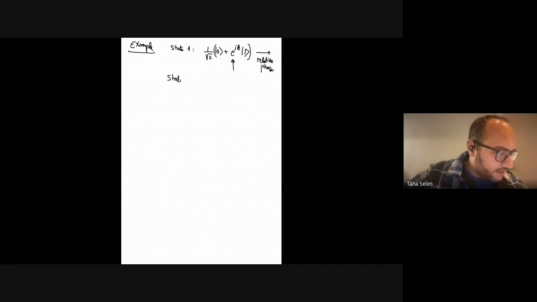If I have this specific state, and then now I have 1 over root 2 e to the power i theta, then I have 0 here, 1 here. This is now called global phase. So it's important to see now, this is relative phase, this is global phase.